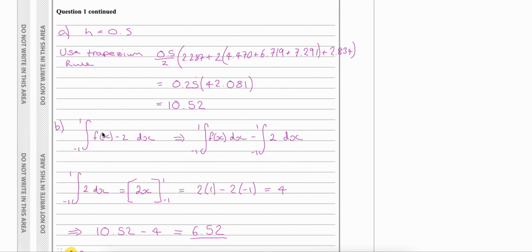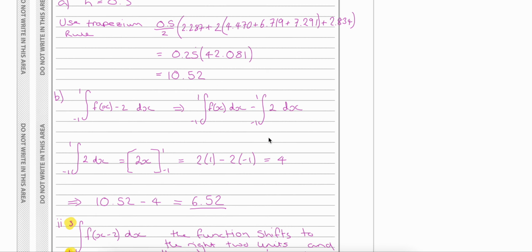And that's all we do here. So we take our function f of x minus 2, and we separate it into the integral between -1 and 1 of f of x, subtract, because it's a subtract, the integral of -1 to 1 of 2. So this first part of the function we already know is 10.52. So we need to evaluate this second part.